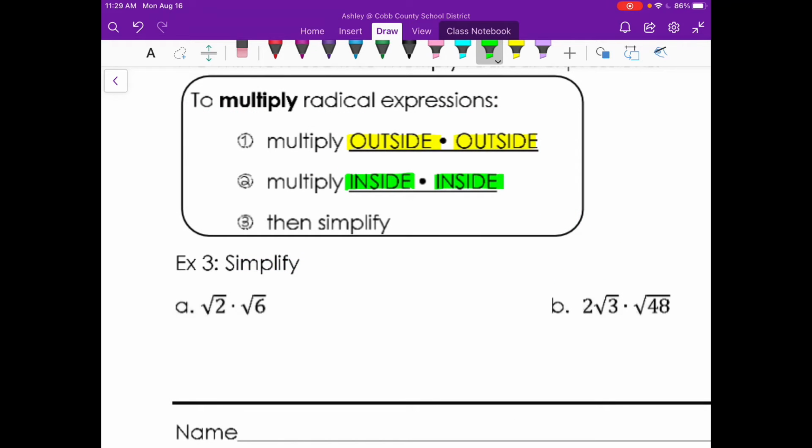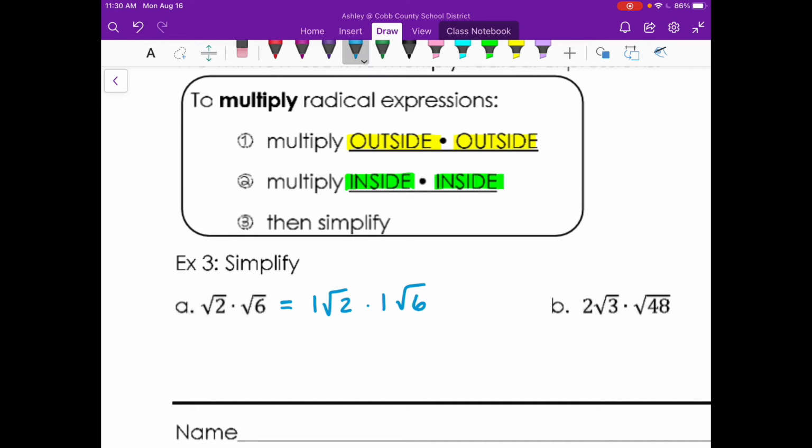For example A, the first thing I'm going to do is rewrite this expression so that I can see the coefficients on the outside of my radicals. Notice that neither one of these radicals has a number in front, so each one has an understood 1 coefficient. So I have 1 radical 2 times 1 radical 6.